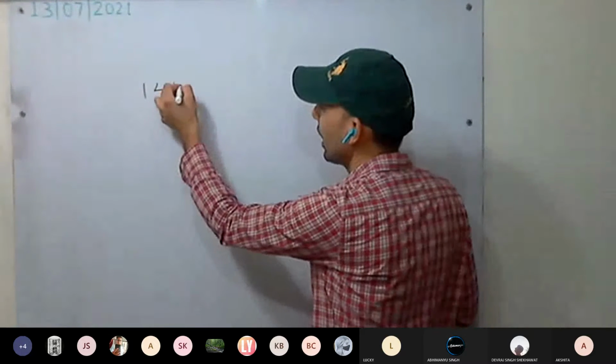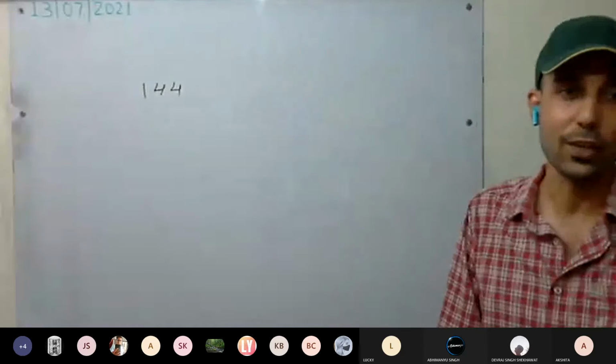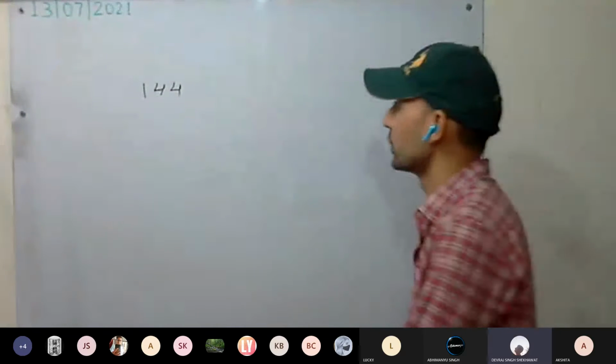Now 144. How to calculate the square root of 144 using the long division method? First, what you have to do?